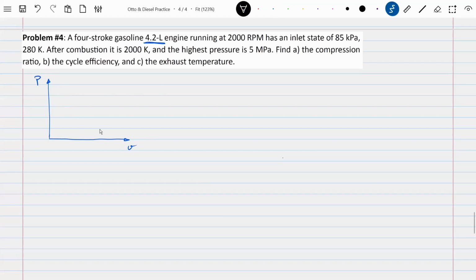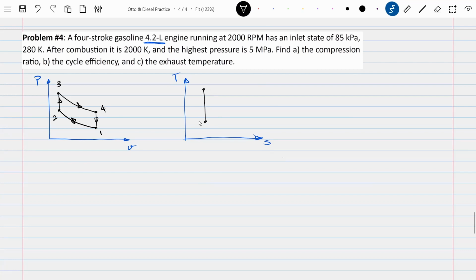I'm doing it for every problem here, so you probably know what to expect, but I want you to take this with you through your problem solving, through your exams, tests, whatever application you're looking at, because it really, really helps you understand what's going on. So this is the PV diagram, and I'm going to actually add the TS diagram as well, just so that we are completely thorough with what we are presenting here.